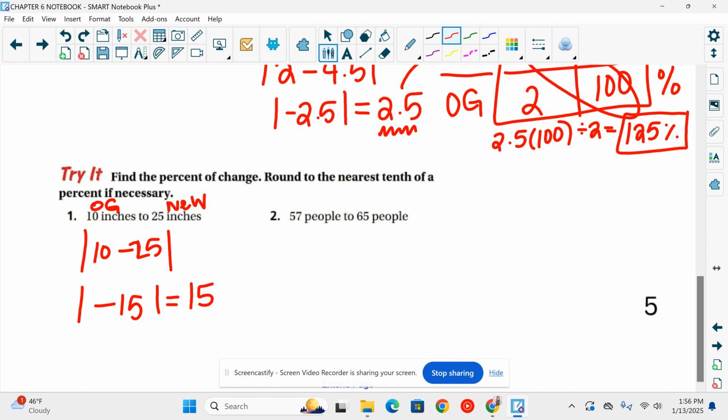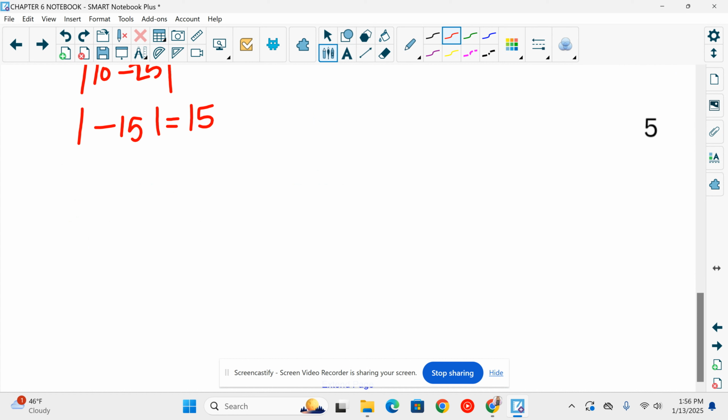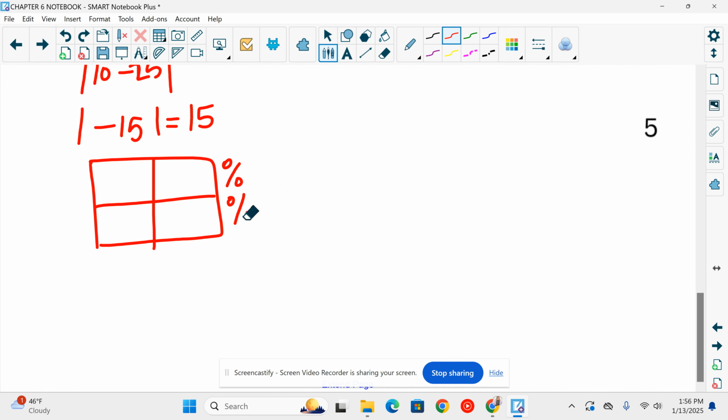Put it in the box. We've got change on top over the original. What's my change? 15.